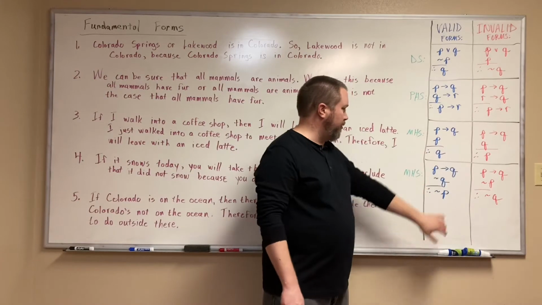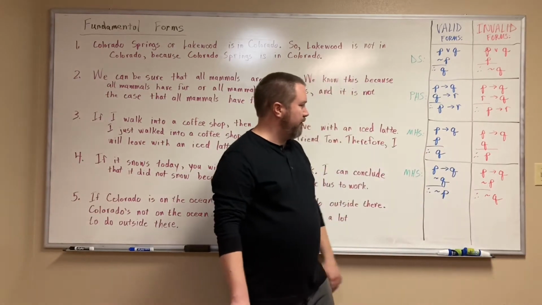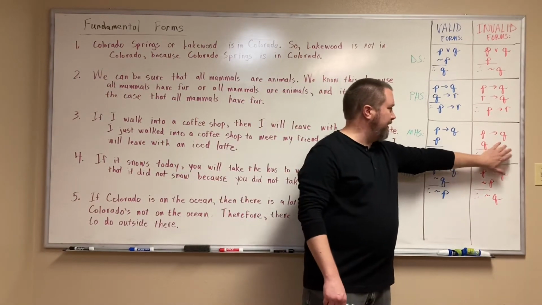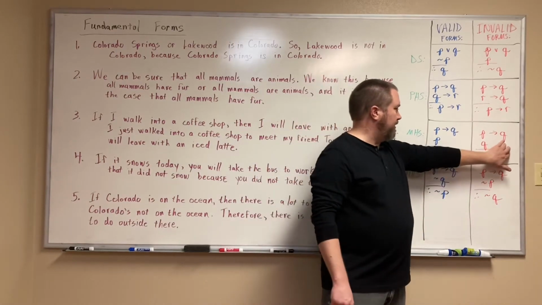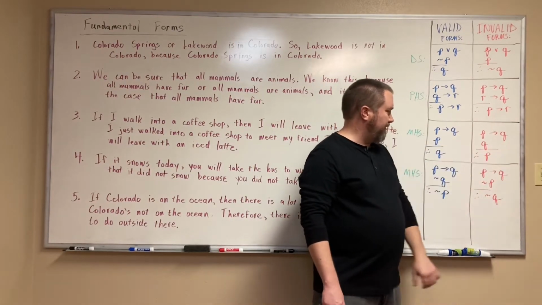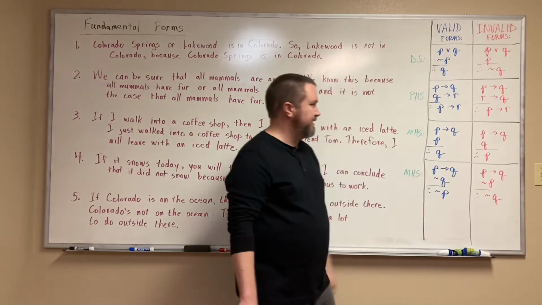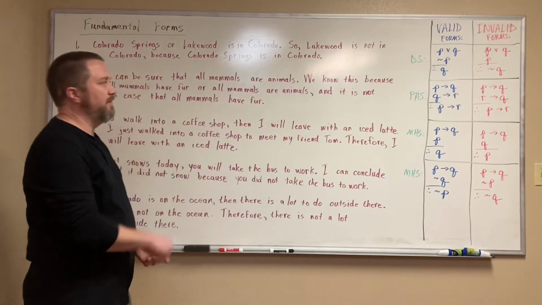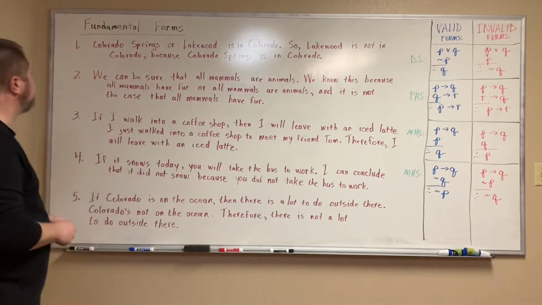The valid form modus ponens, the valid form modus tollens, and then the affirming the consequent fallacy and denying the antecedent fallacy, and then valid and invalid for those.